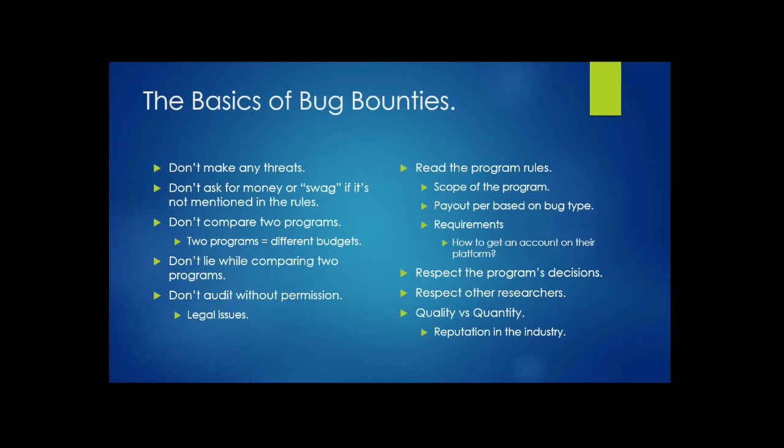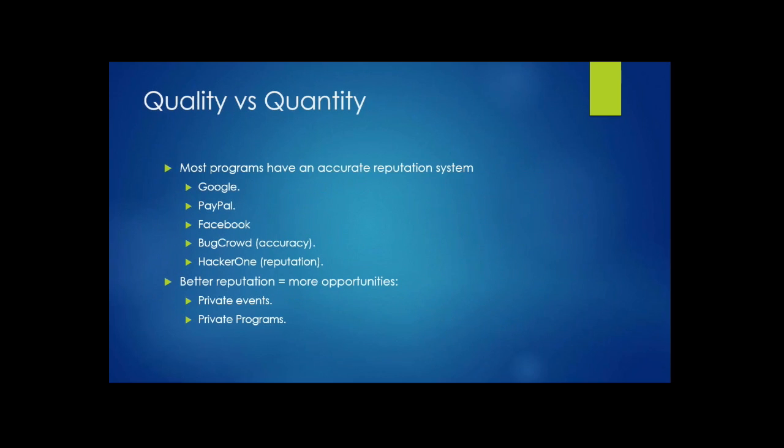That only helps your reputation, and reputation plays a really huge role in bug bounty programs, because each program has their own reputation system. Google has their own, PayPal, Facebook, they each have their own. Bugcrowd has launched accuracy, where they calculate a certain amount of points and show how accurate your reports are.